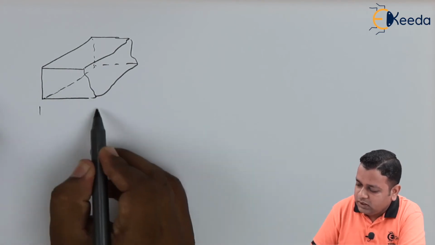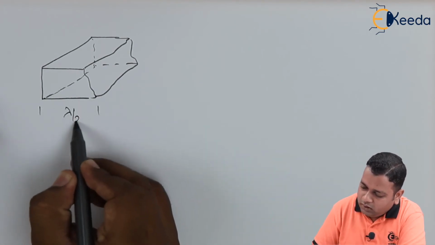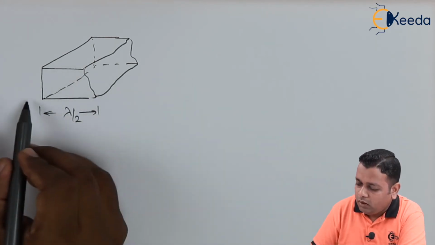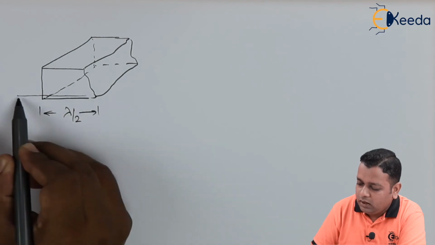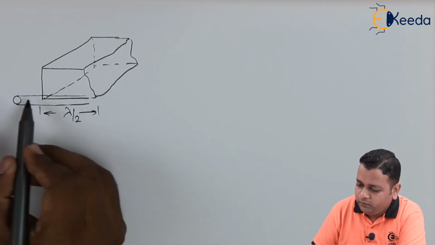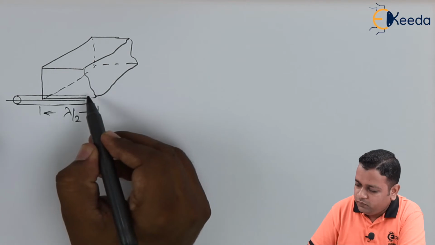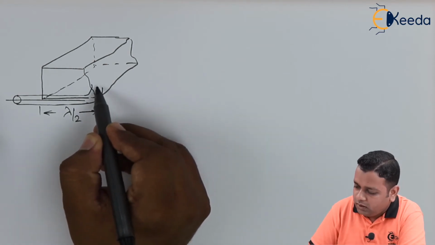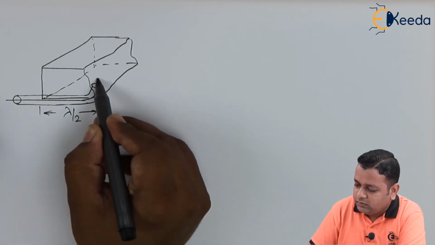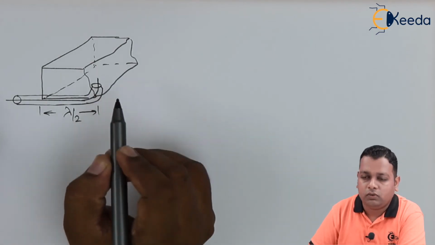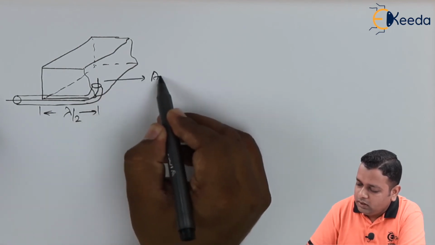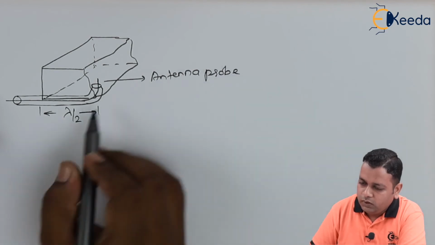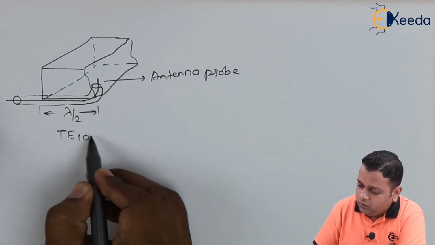Let us say this is the part we have taken for lambda by 2 of dimensional length, and from the bottom we can have the insertion of a probe. This probe has an opening from the bottom end, and it comes into the cavity, and here it is the antenna probe. So we have the TE10 mode.